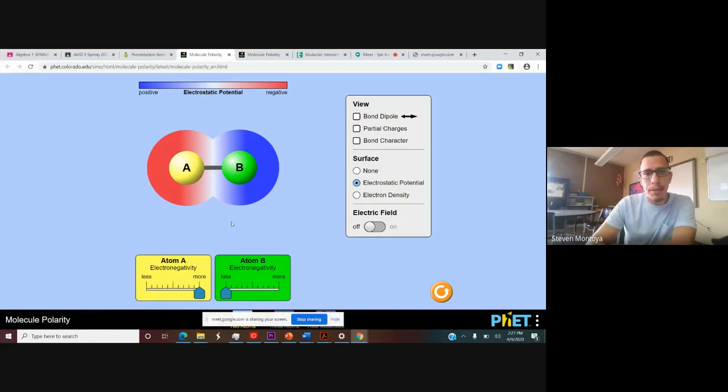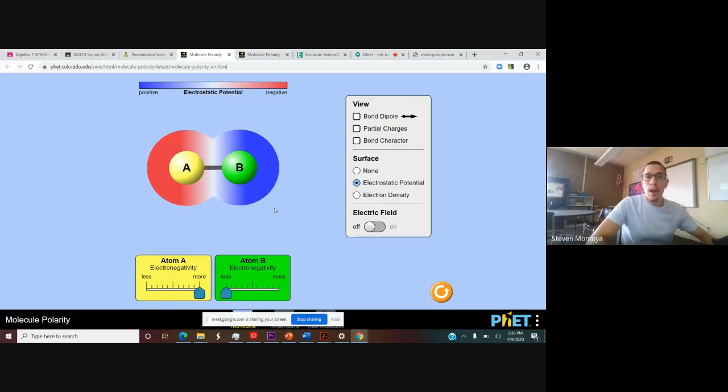Before, atom B had a red color around it. It had a negative charge around it when it had the higher electronegativity. But now atom B has a lower electronegativity than atom A, so it takes on the positive charge instead, right?